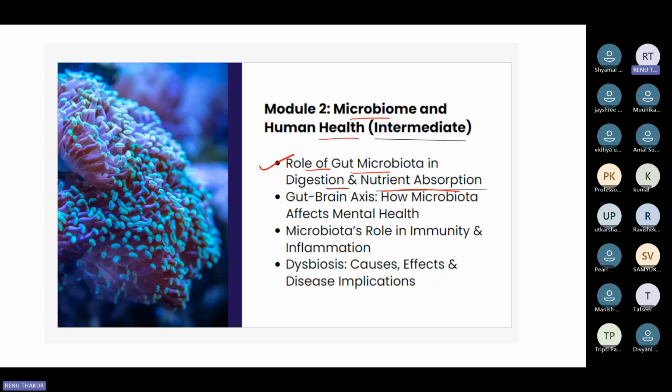This is important. We have to understand how the gut microbiota microorganisms play a vital role in the digestion and the different kinds of nutrient absorption. After that, we will see these three parts: gut brain axis, role in immunity, and dysbiosis.